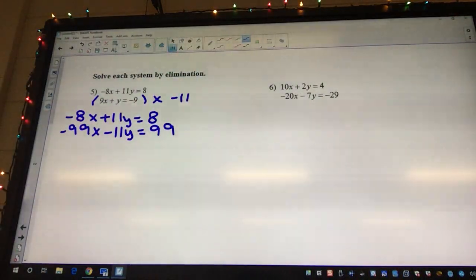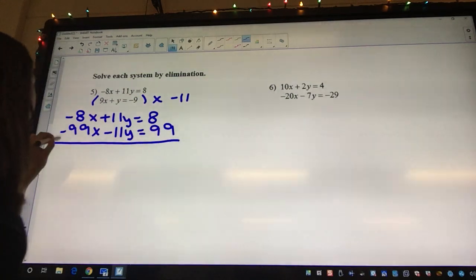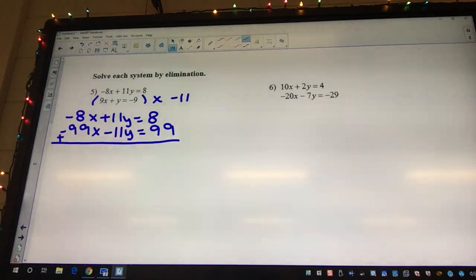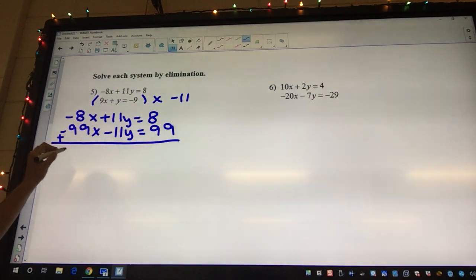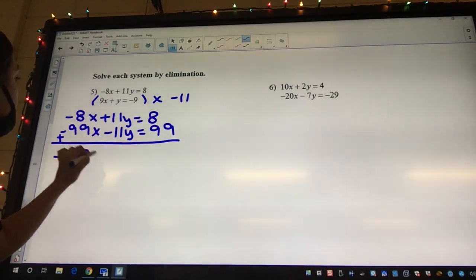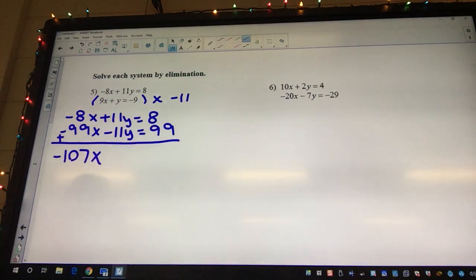Okay, what's our next step? Add the equations together. Okay, so I'm going to have negative 107x. What happens to the y's?